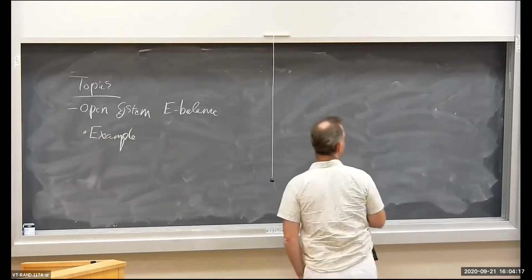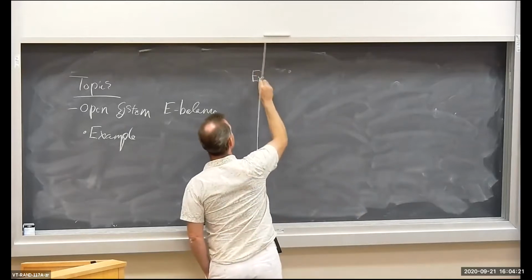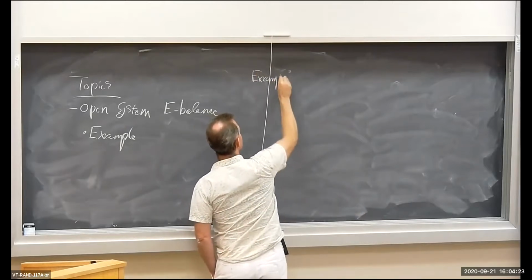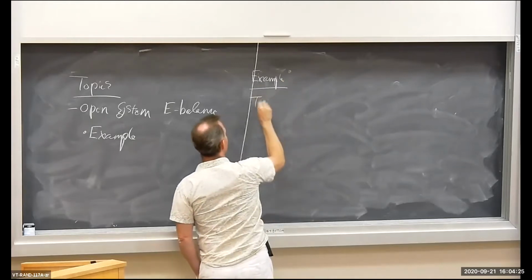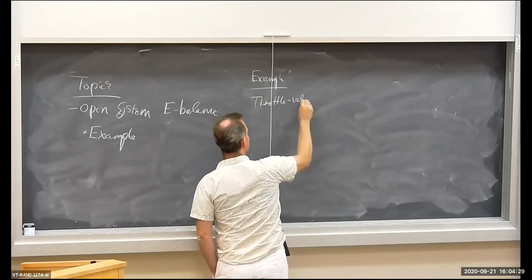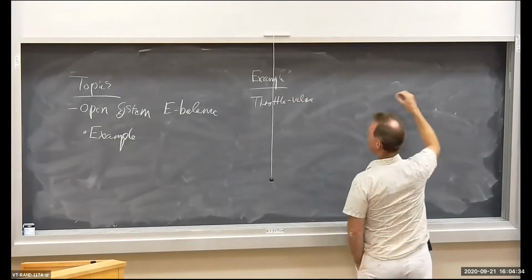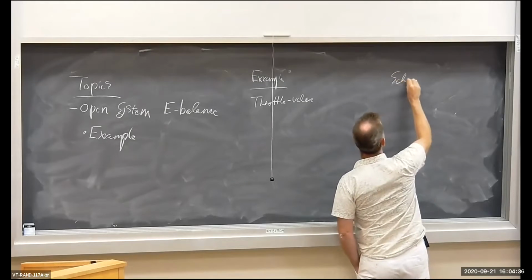So let's look at an example here. Example: throttle valve. Let's put up a schematic of what this throttle valve is and what it does.